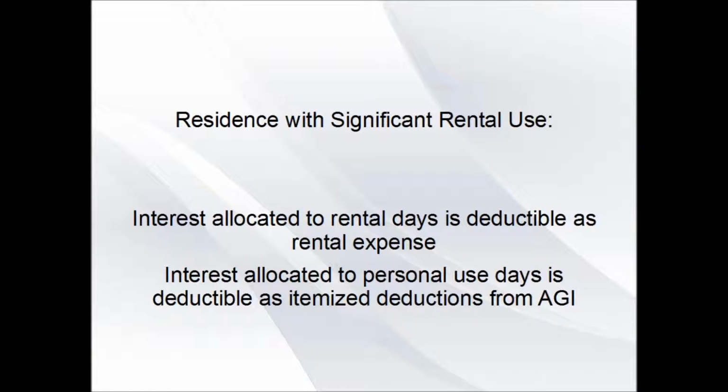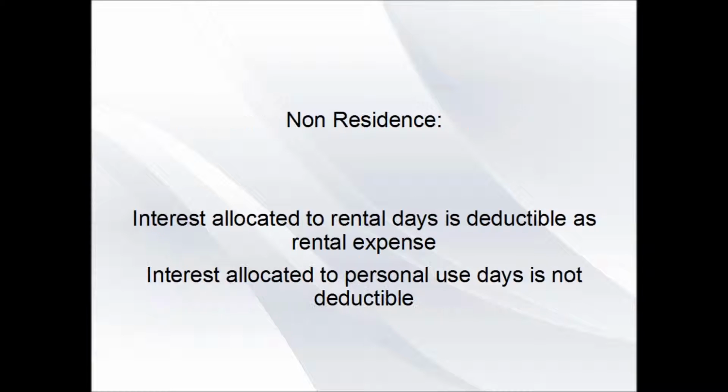If the property is a residence with significant rental use, then you must first allocate between personal use days and rental days. The interest allocated to rental days is deductible as a rental expense. Interest allocated to personal use days is deductible as itemized deductions from AGI. If the property is a non-residence, then you must still allocate between personal use days and rental days, and the interest for rental days is deductible as a rental expense, but interest allocated to personal use days is not deductible.